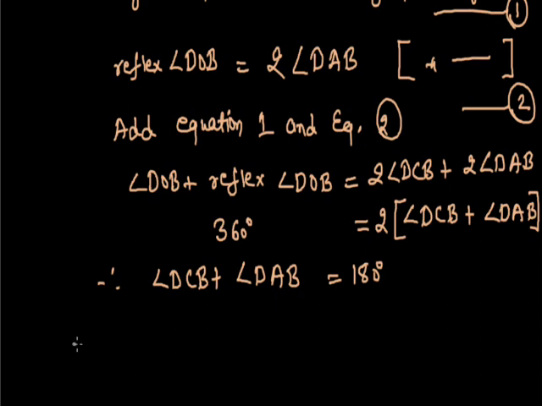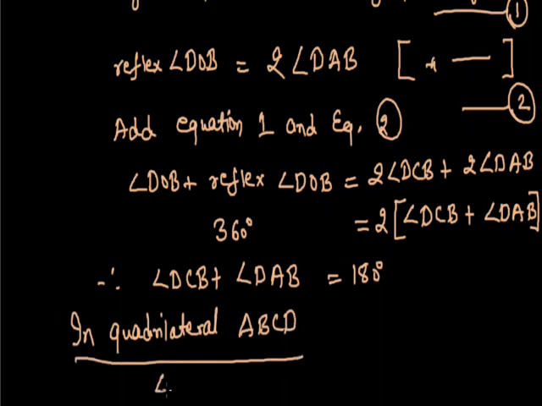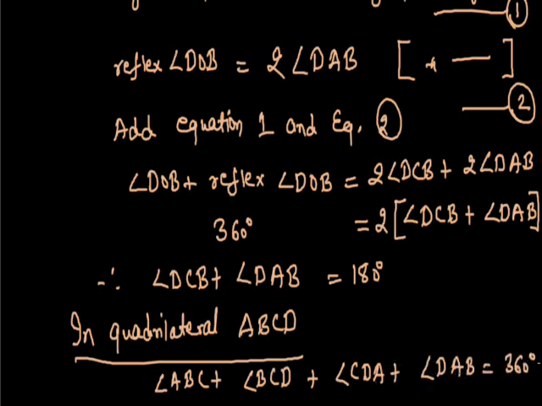Now, in quadrilateral ABCD, angle ABC plus angle BCD plus angle CDA plus angle DAB is equal to 360 degrees.